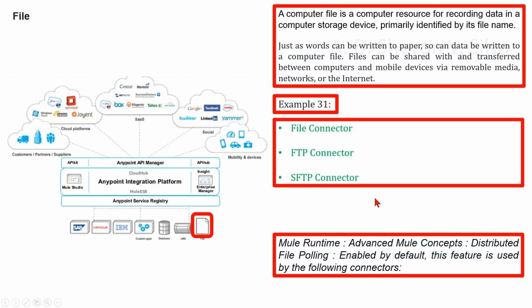Now we are considering distributed file polling in advanced Mule concepts in Mule runtime. Some connectors, such as the file connector or FTP connector, poll directories and read certain files as they are created in the directory.